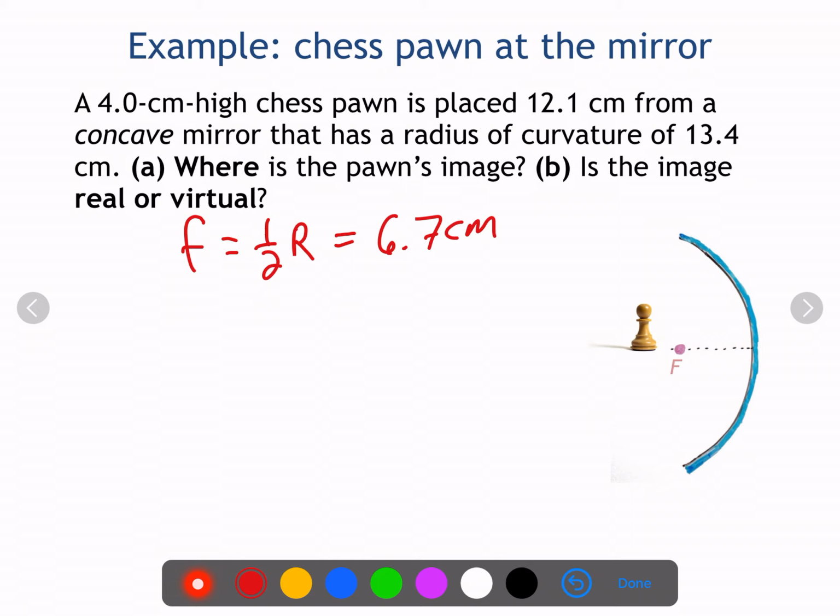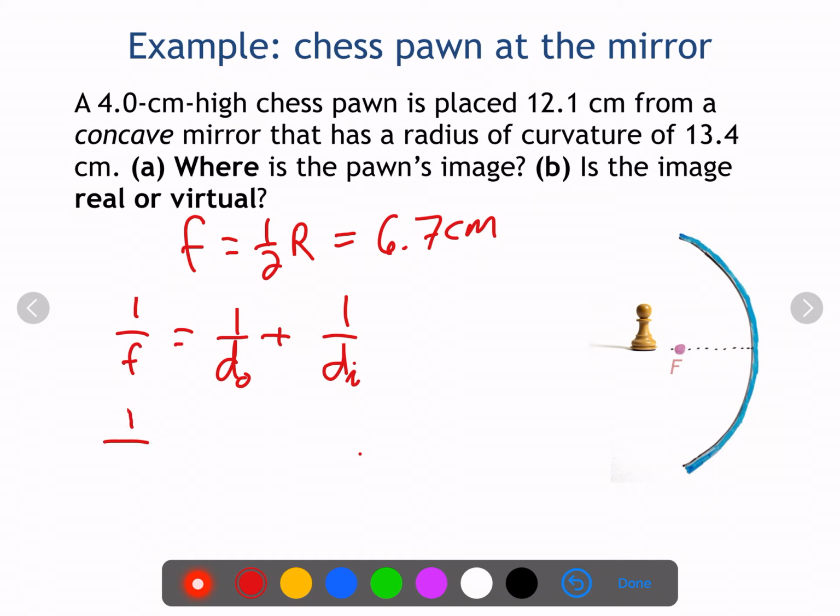And then I'm going to take that and input it into the mirror equation, and I'm going to solve for the distance to the image.